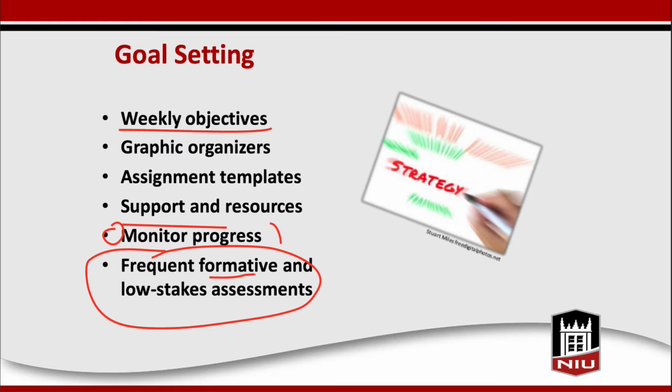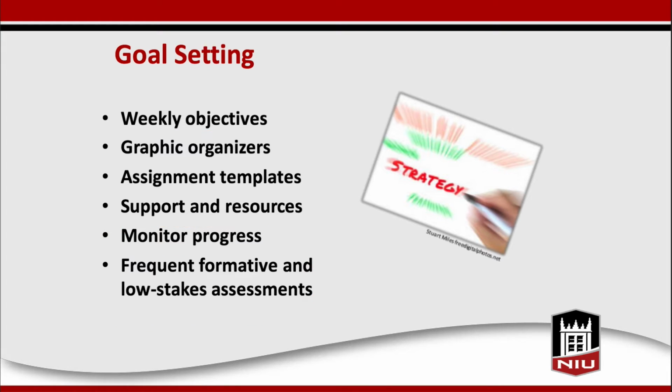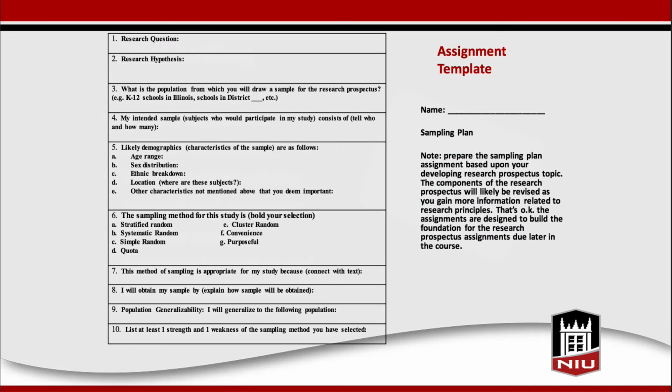The papers are much better as they've gotten through these, using these templates and objectives and different types of support. So this is a template. I made it smaller so that it could be on the screen, but you can see that it focuses people on the different important aspects of research, okay?